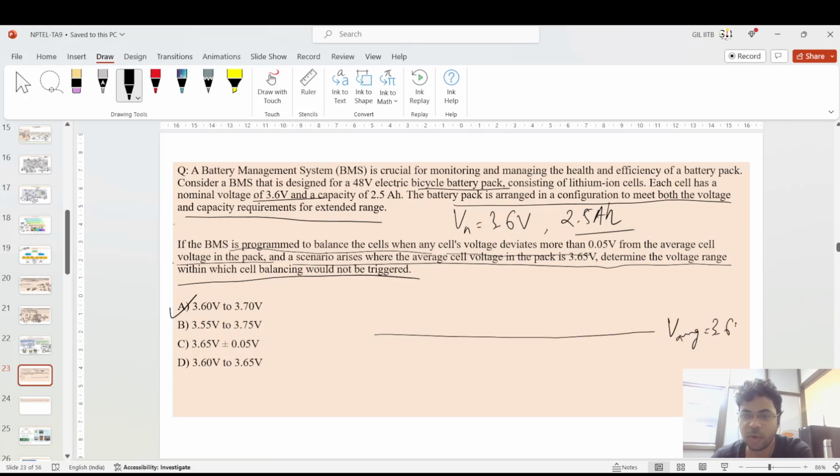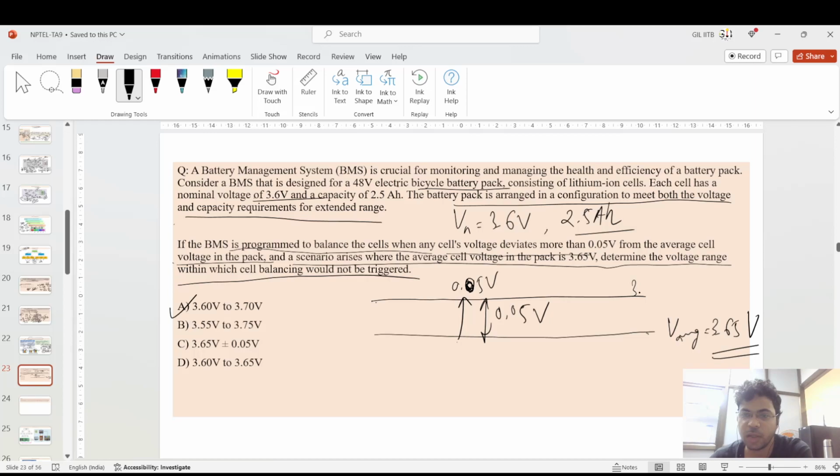So if the voltage deviates by more than 0.05 volt from the average of 3.65 volt, then the BMS program will trigger, and only after that will it do cell balancing.